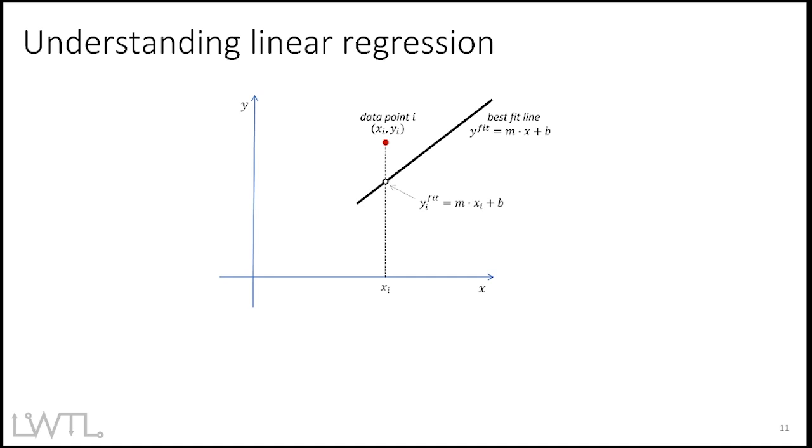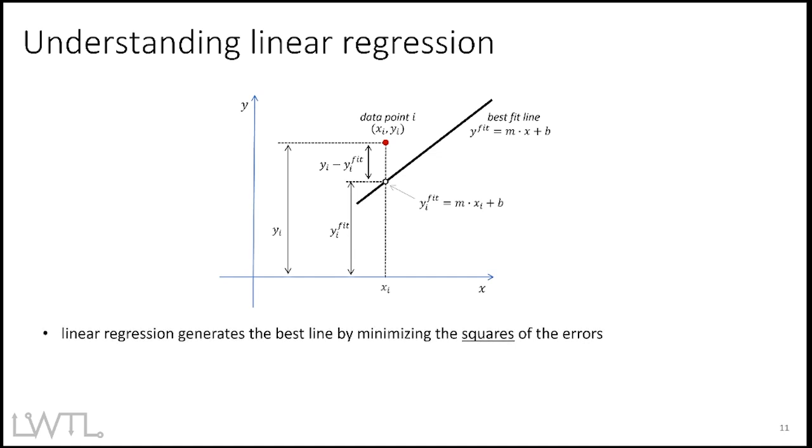And so we can calculate the value of that y based off of the equation of the line that we're able to find using linear regression. So you have a y value that's associated with your raw data point, and you have a y value that's associated with your line of best fit for the same x value, as you can see here on this diagram. That space between those y values is what we'll call error.